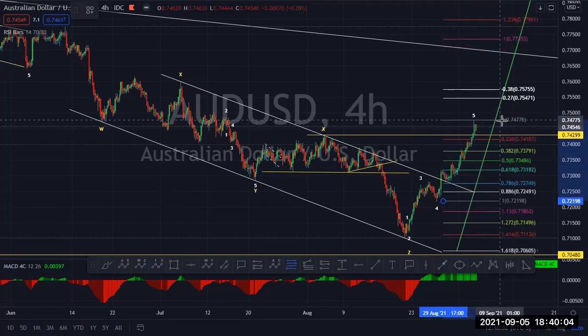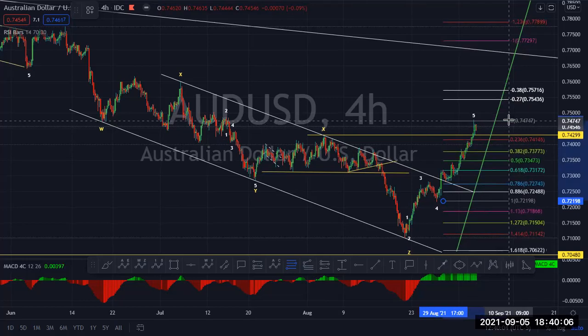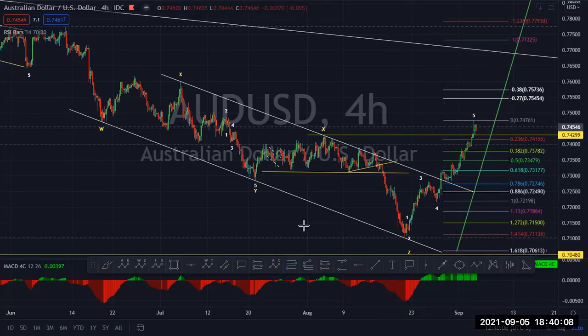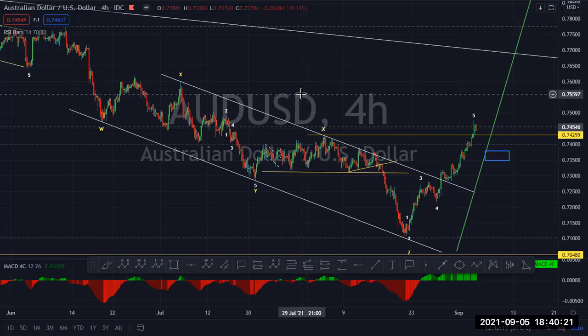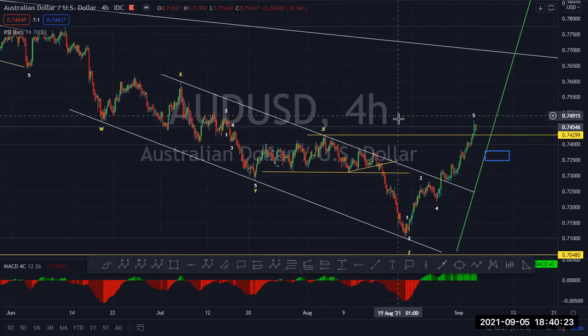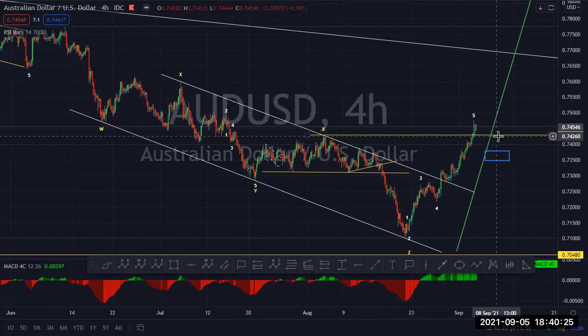I'm looking at getting a corrective move towards these blue bars. Once I get it, I will look for a buy. This is my first buy. Secondly, we may get a deep correction. So this is the normal correction I expect.